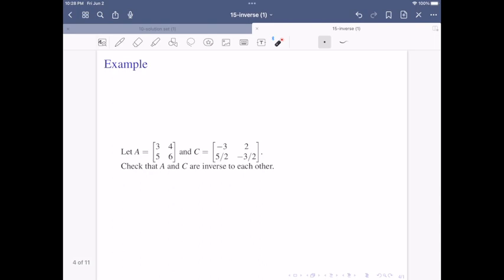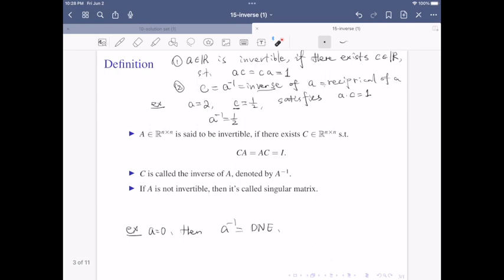Now look at this example. We are given matrix A. At the end, we're supposed to ask what is the inverse of A without giving the answer, but the answer is given here, C. So its inverse is given, and we want to check their inverse to each other. So what it means is we want to check this identity.